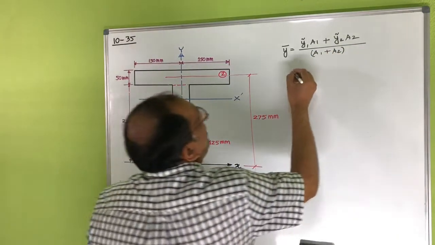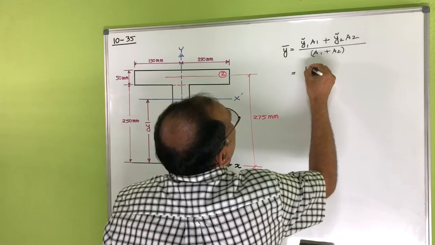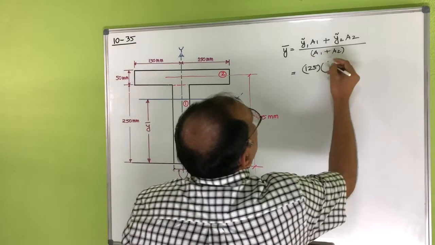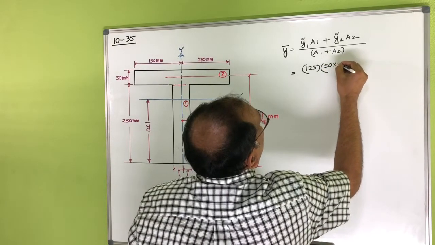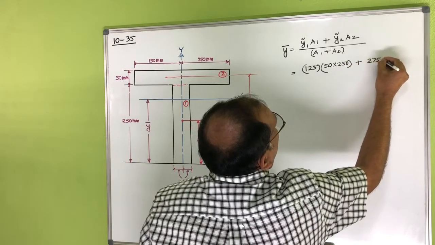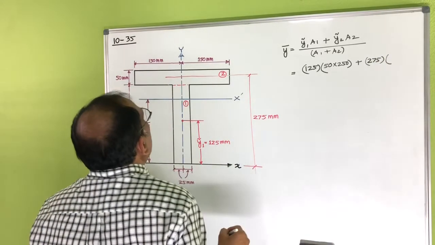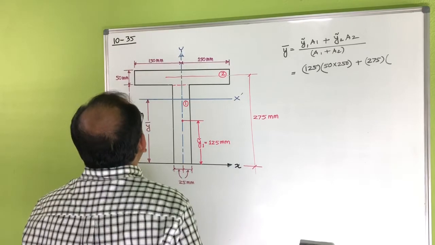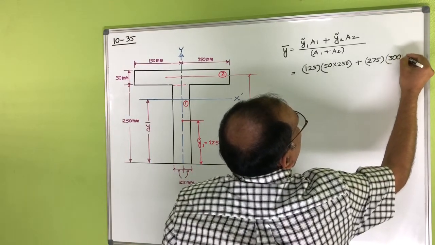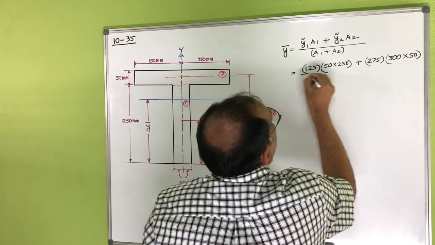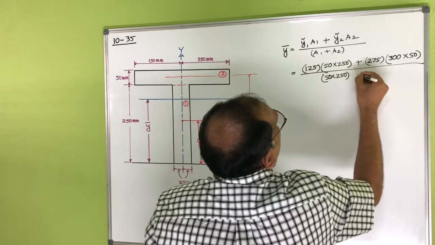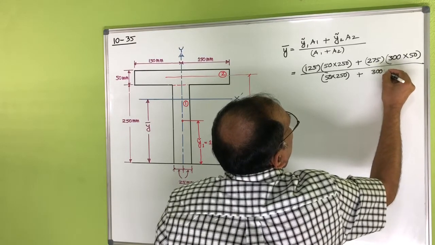So if I plug those values in, 125 into area 1, which is 50 into 250, plus 275 into A2, A2 is also 300 into 50, divided by 50 into 250, that's A1, and A2, which is 300 into 50.